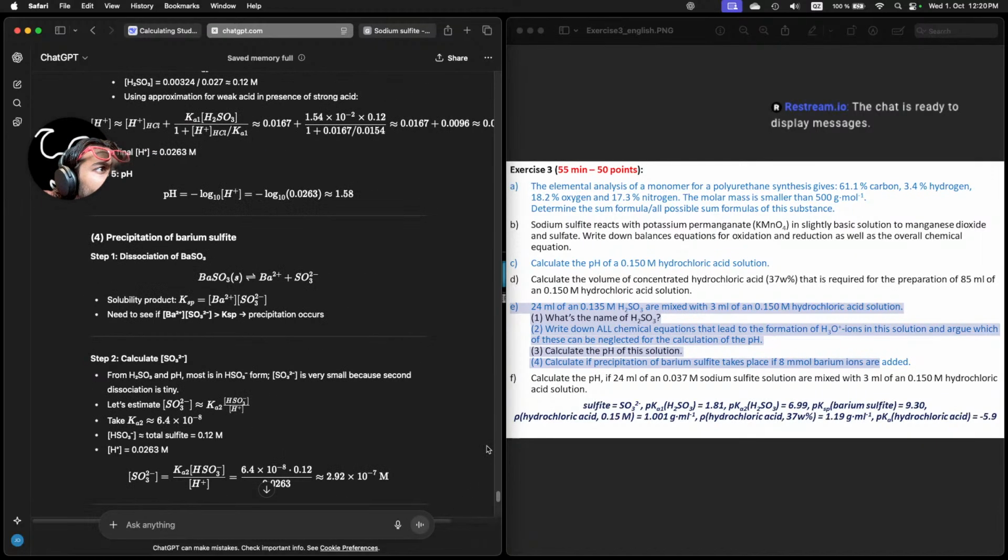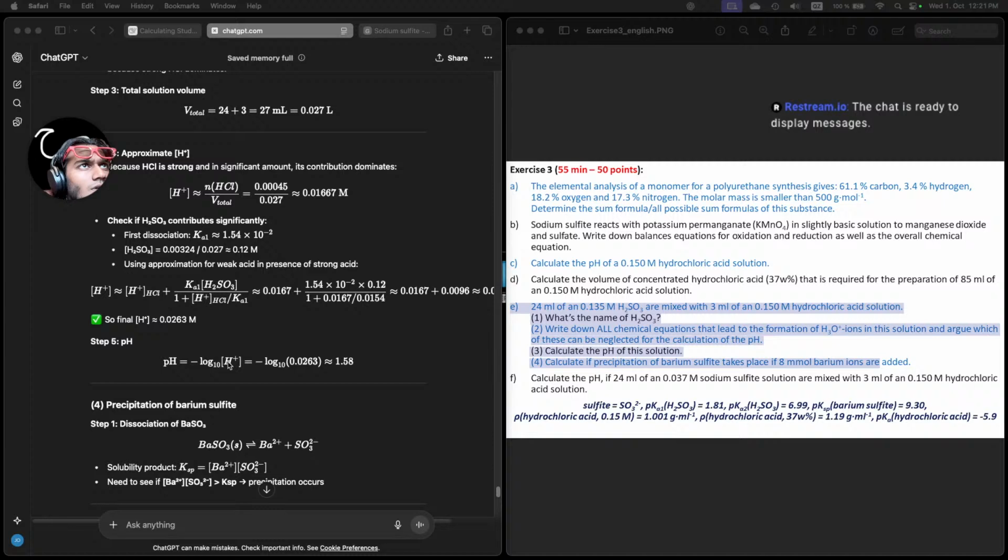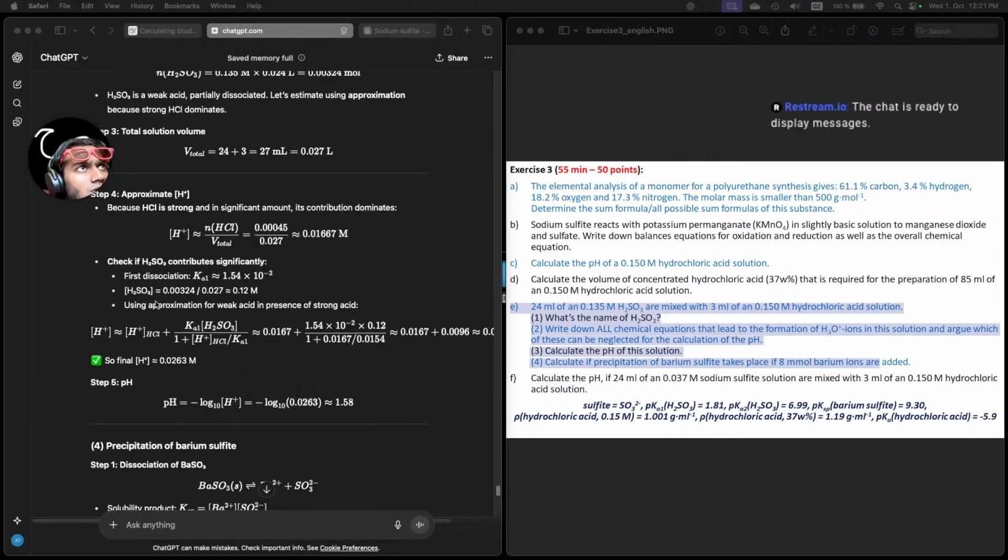What is this? Okay. Approximate H plus, because HCl is strong and significant amount, its contribution dominates. Yeah. We use approximation for weak acid in presence of strong acid.